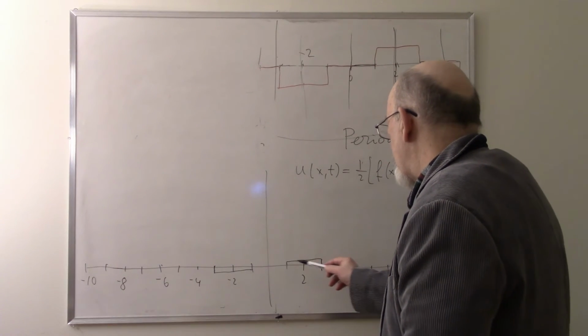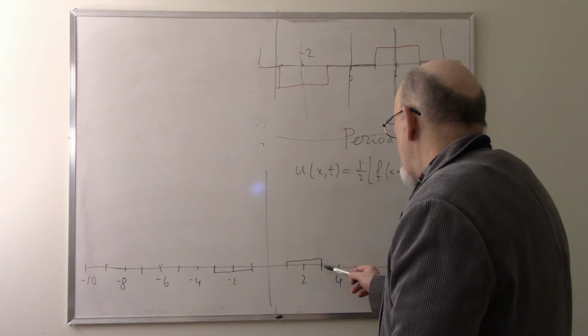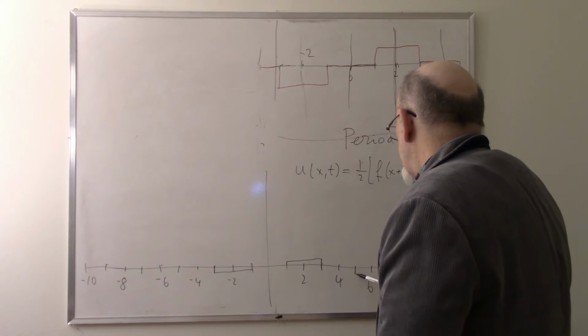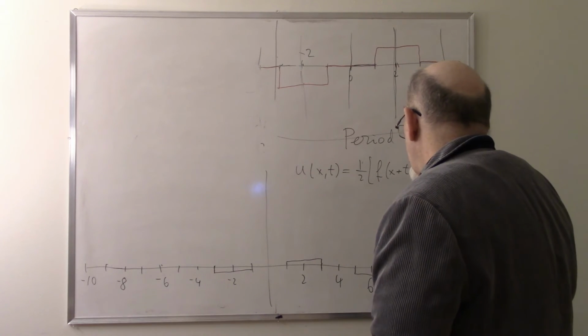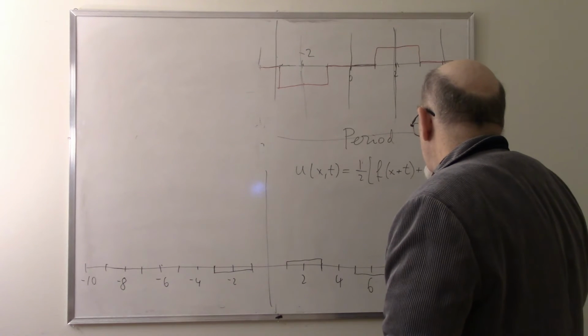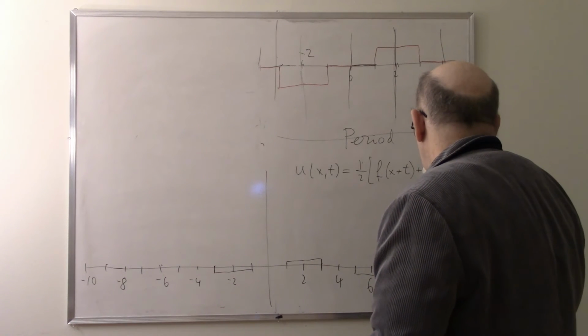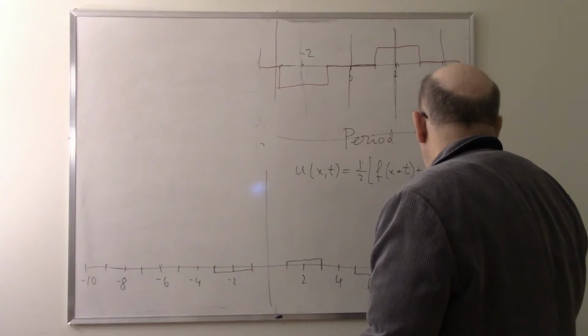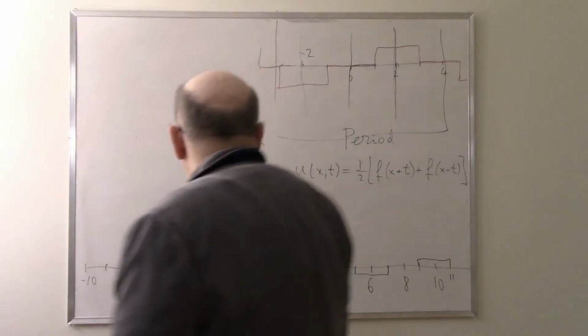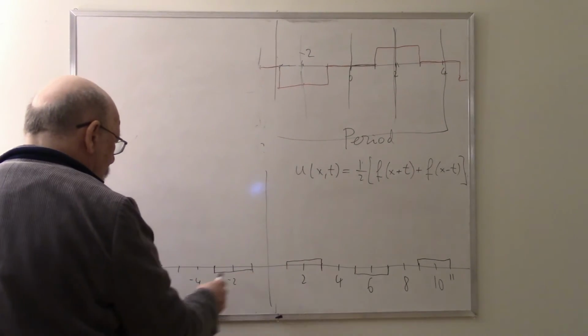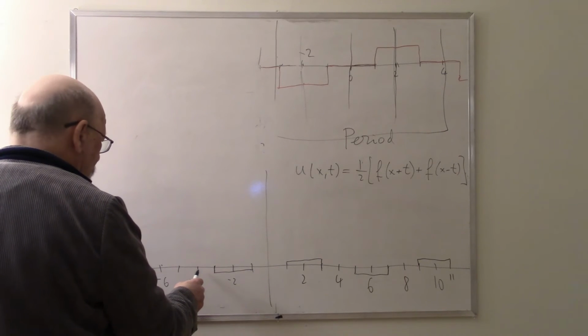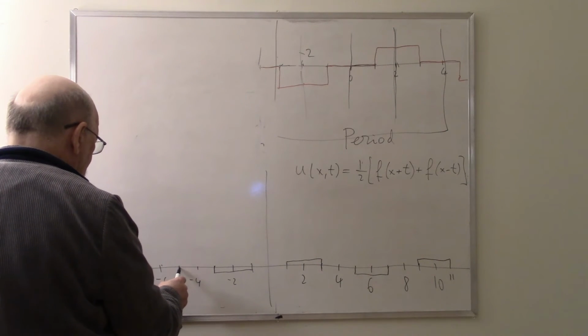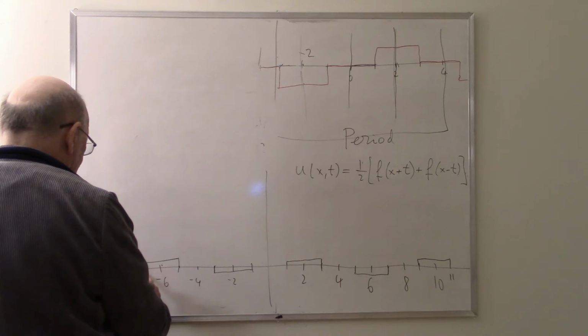Now here it is minus 1, from 5 to 7 here it is plus 1, and here it is anti-symmetrically like this.